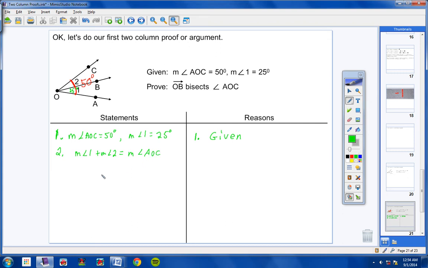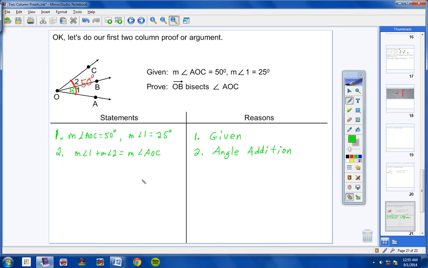I can do that. The measure of angle 1 plus the measure of angle 2 equals the measure of angle AOC. And the reason I can do that is called the angle addition postulate. Okay, that's the postulate we learned earlier this year. It's called the angle addition postulate. You can just put angle addition. That's good enough for me. Okay, so we can do that.